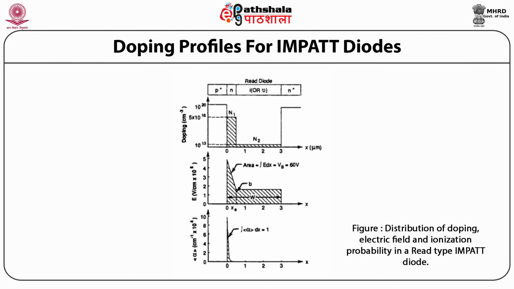So students, as you can see in the first figure, we have the distribution of the doping, electric field and ionization probability in a Read type Impatt diode.